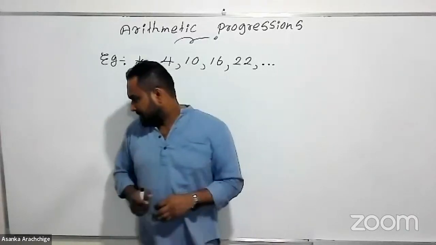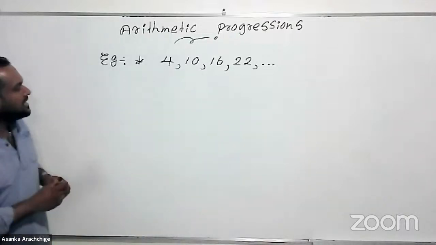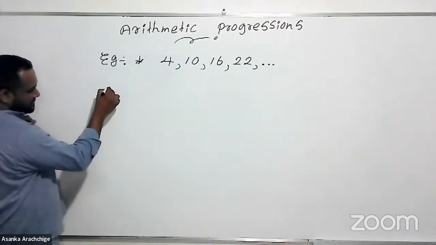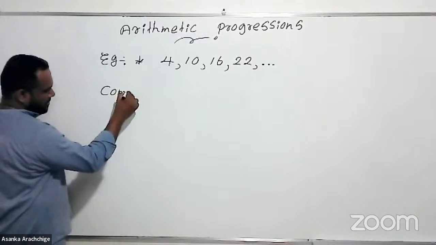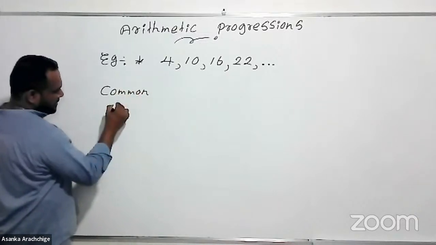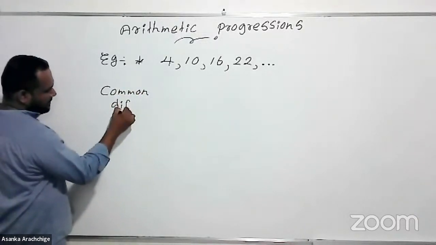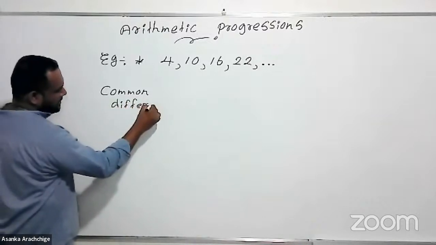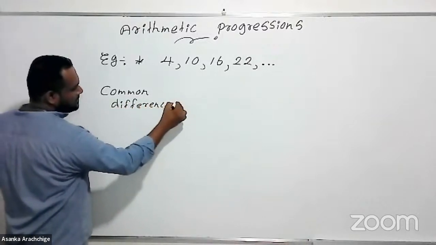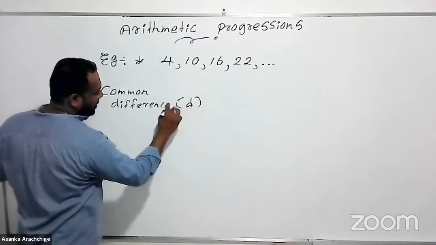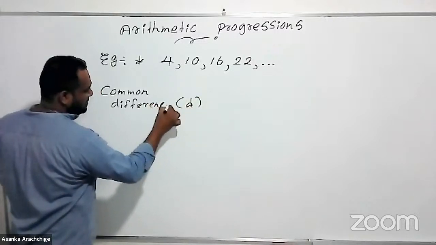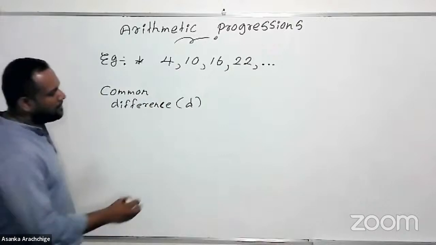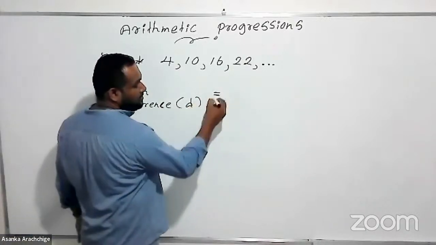Understood? So, common difference. The symbol is simple D. That is obtained this way.